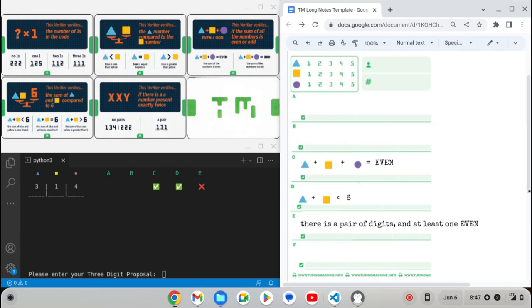Okay, so what can we say about the digits whose sum is less than 6? Well, in this case, that means that neither of them could be a 5, because if you ever add 5 to a minimum of 1, that's already 6 or greater. So we can exclude 5s.